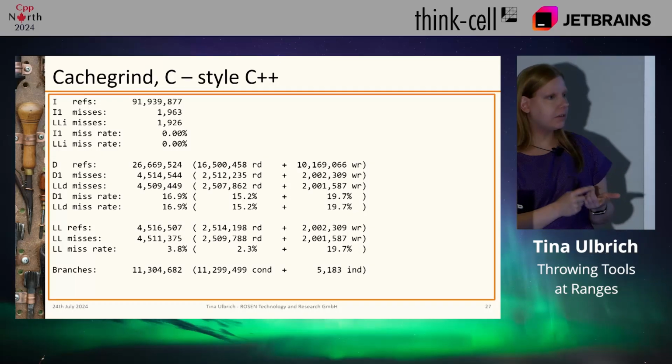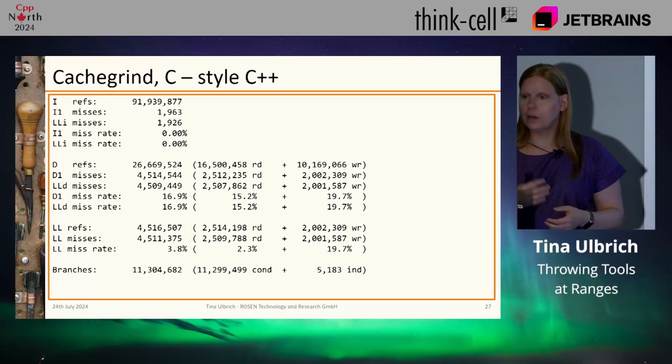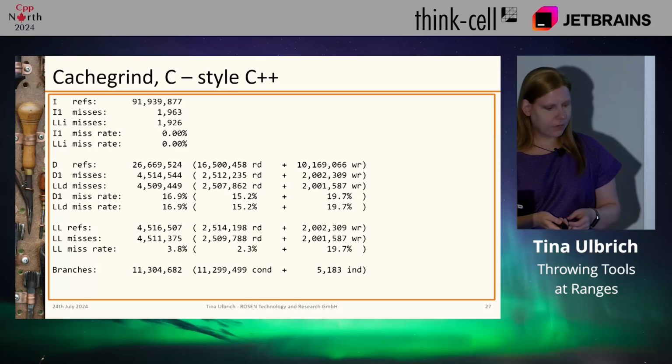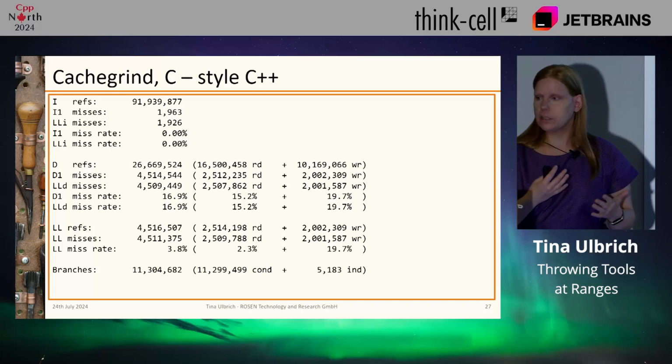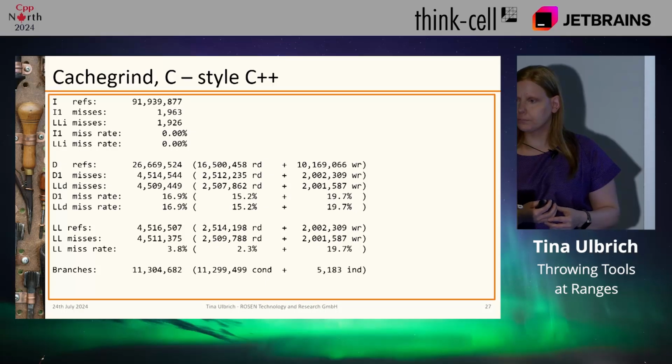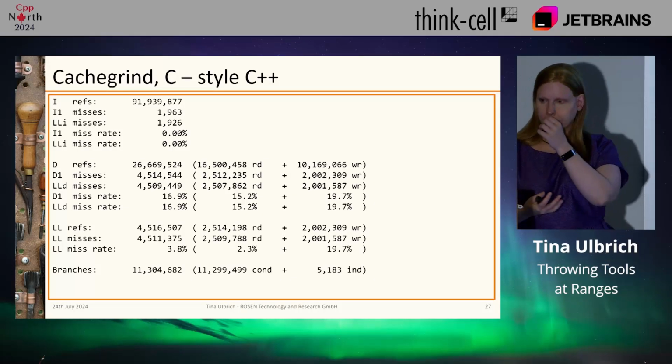And this can be in an if statement, it can be in a loop. Everywhere you have a condition, then you have a conditional branch. And then you have indirect branches, and that is used to jump to a different address in your program, in your memory. And this can happen during function calls.